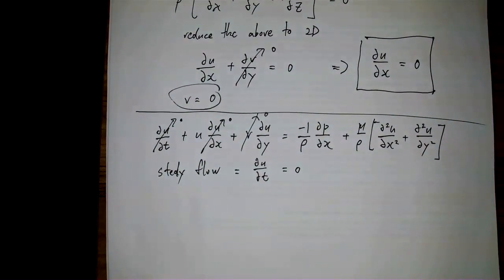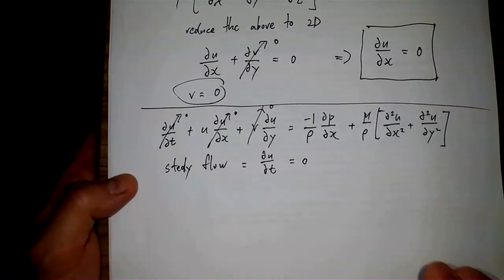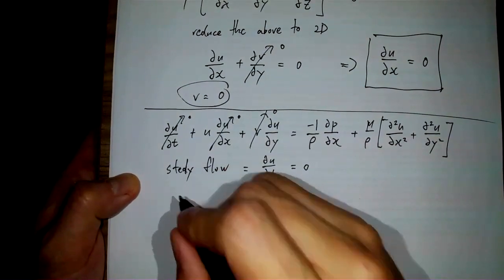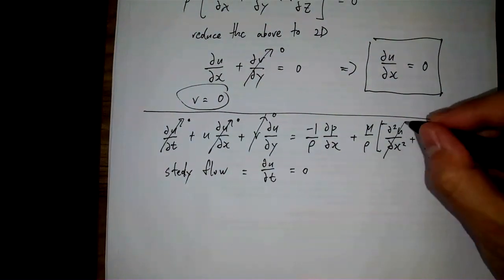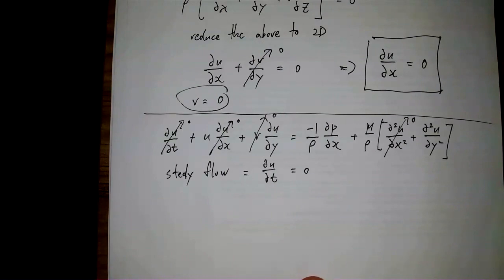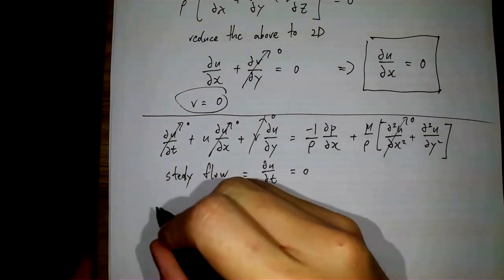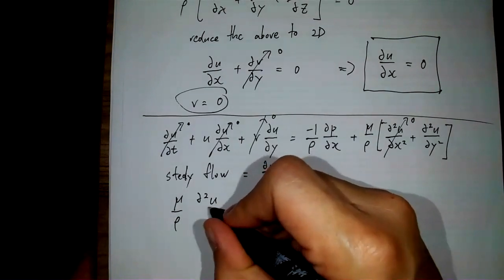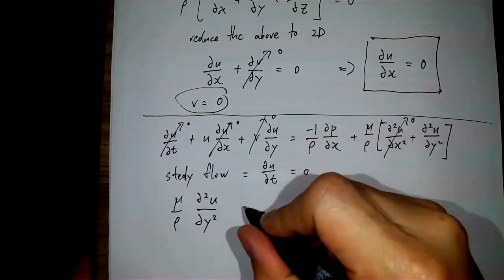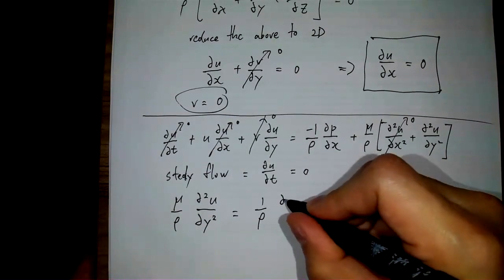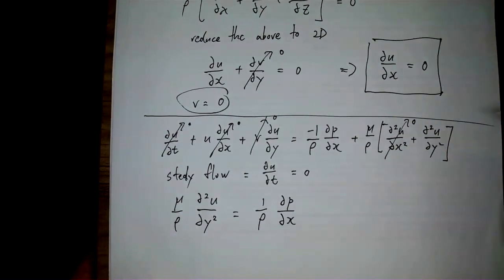Now what we are left with is, sorry, there's one more thing. This also goes to 0 because the first derivative is 0, so the second derivative is also 0. So we are left with mu over rho d squared u by dy squared equals 1 over rho dp dx.